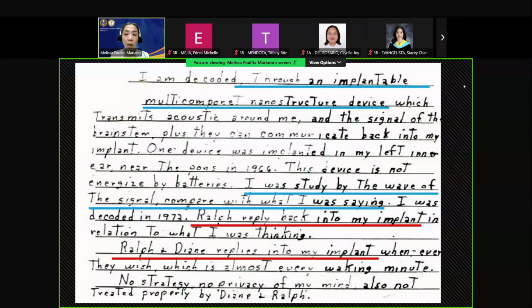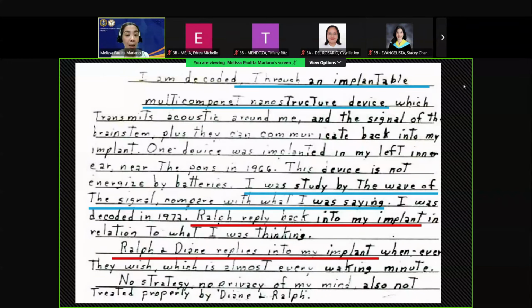Now, this is another example from a patient with schizophrenia. It starts with: I am decoded through an implantable multi-component nanostructure device, which transmits acoustic signals around me and the signal of the brainstem. Plus, it can communicate back into my implant. One device was implanted in my left inner ear near the pons in 1966.